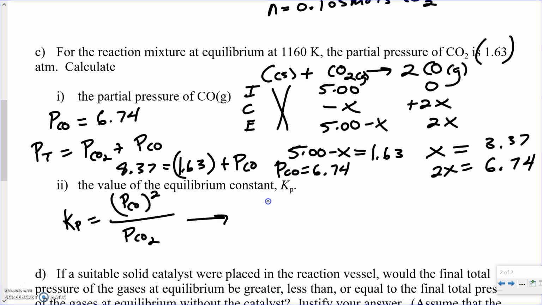We were told that our carbon dioxide is 1.63, and we have 6.74 for our carbon monoxide, and of course that's going to be squared. So 6.74 squared divided by 1.63, and we are going to get a Kp value of 27.9. Okay, so pretty straightforward so far.